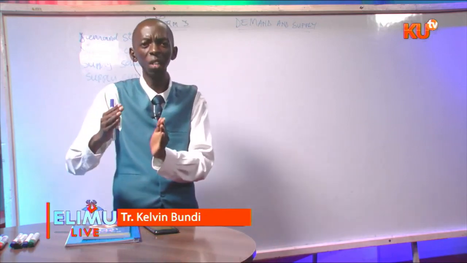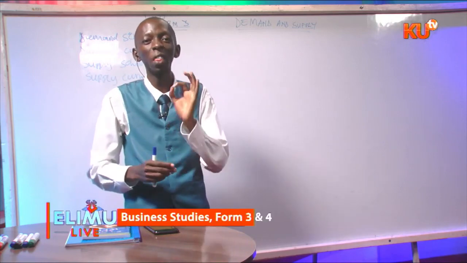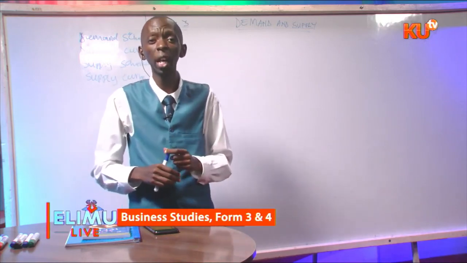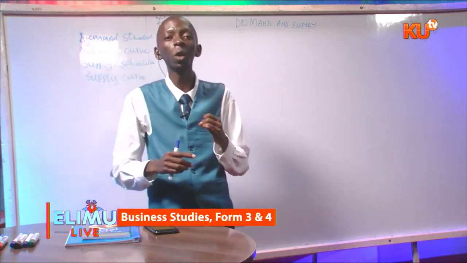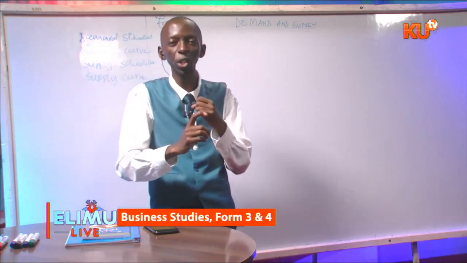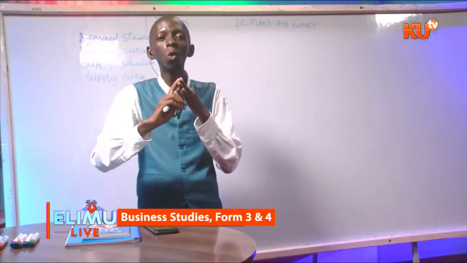The demand curve and the supply curve together make up what we call the equilibrium point. And therefore, our objective today is to deal with the equilibrium point, the equilibrium price, and the equilibrium quantity.